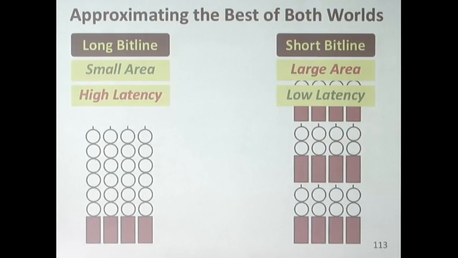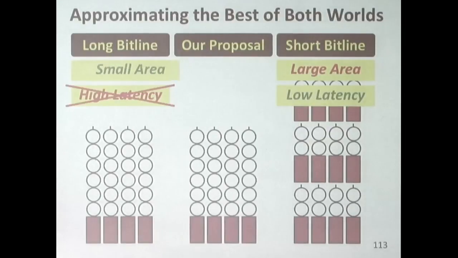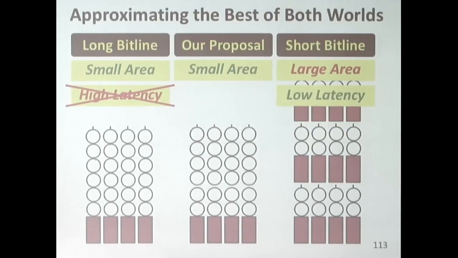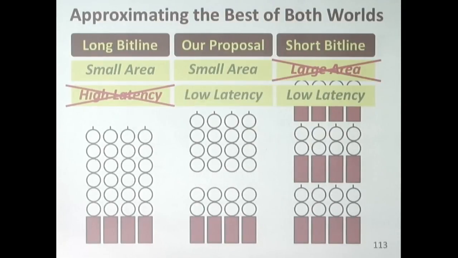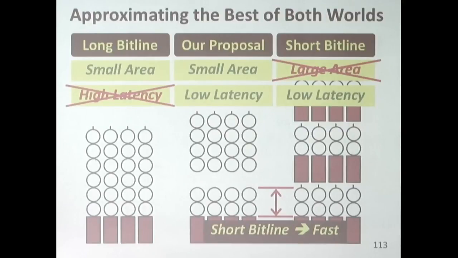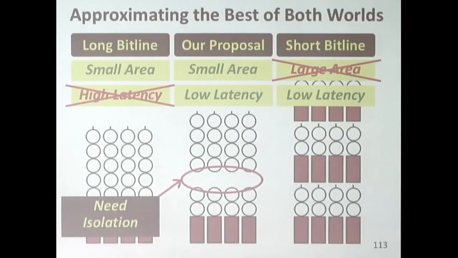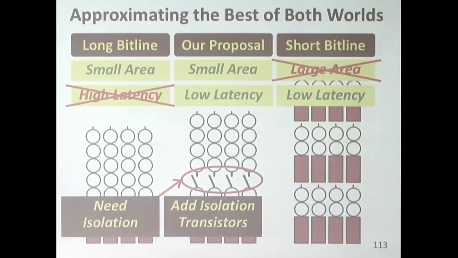And whenever you have this, you can think about, oh, maybe I can try to get the small area of this while getting some of the low latency of this. And that's the idea over here. You start with this long bit line architecture, but you create a portion of it that looks like short bit line by adding isolation transistors in between on the bit lines.